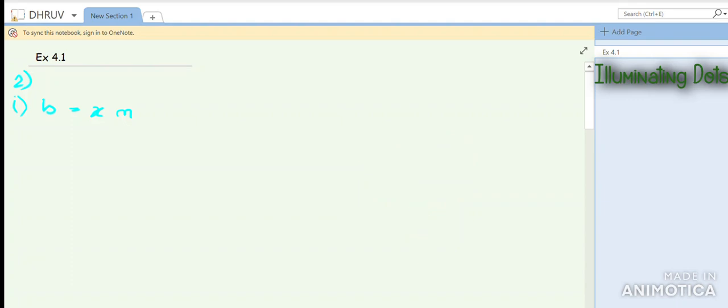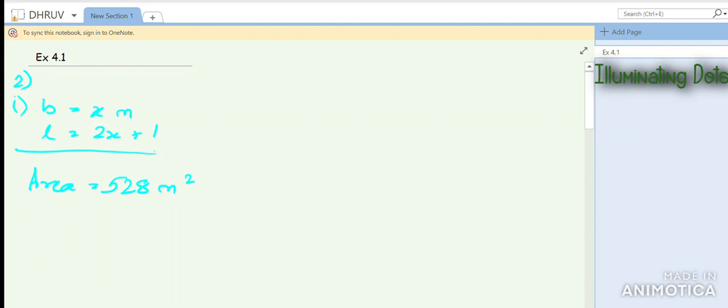So b is x meters, the area is 528 meters square, and they have given the length as one more than twice its breadth. How do I write this? Twice the breadth is 2x, plus 1. So this is the value of length.